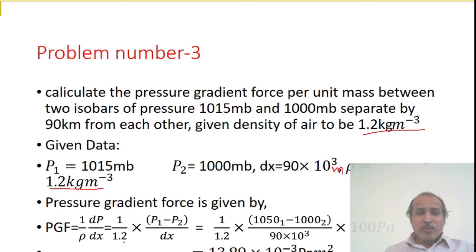So 1 over 1.2 into dp, the change in pressure, means the pressure of the first isobar minus the pressure of the second isobar, P1 minus P2, divided by dx. This equals 1 over 1.2 into 1015 minus 1000, and then simplify.